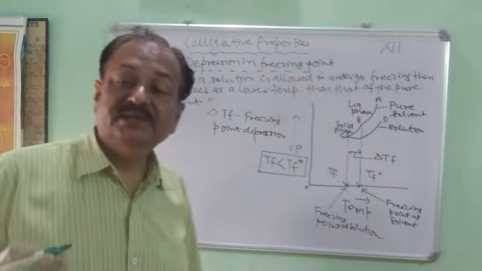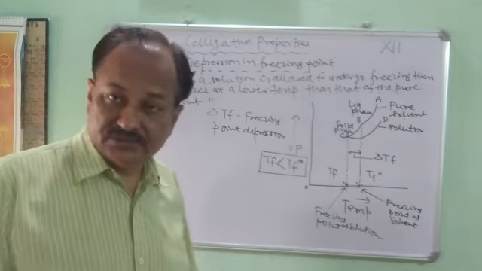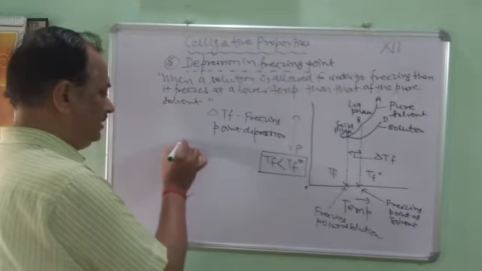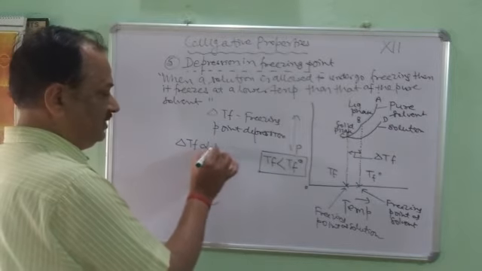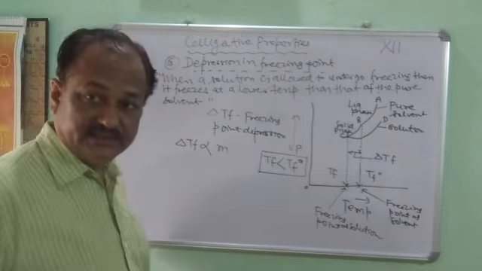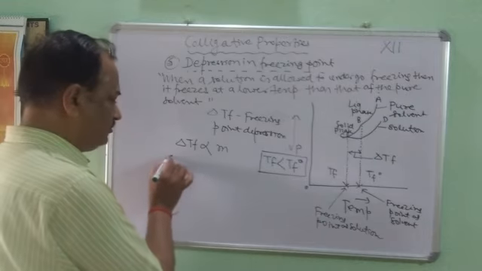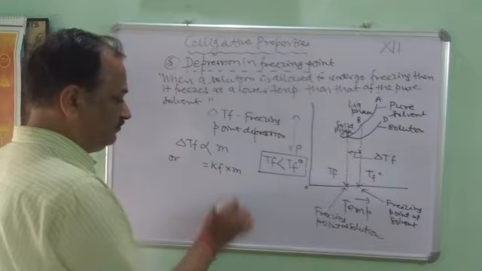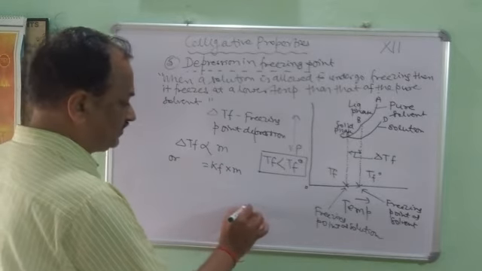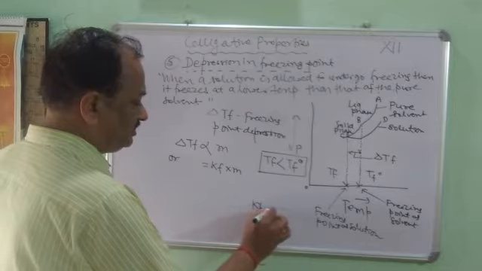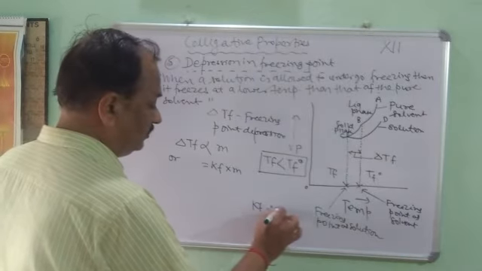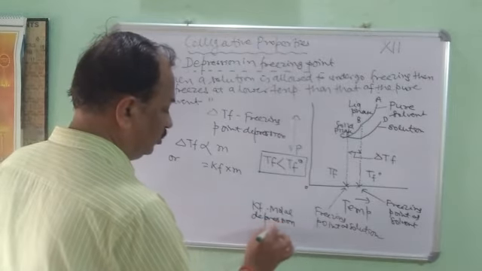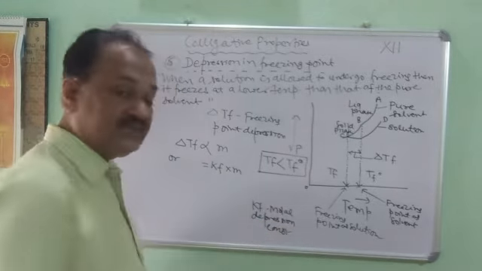Now, how do we relate it with the concentration? This delta Tf is directly proportional to the molality, and it is written as Kf into m. This Kf is called the molal depression constant.